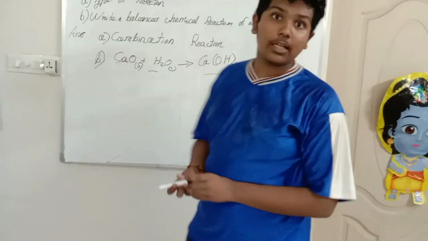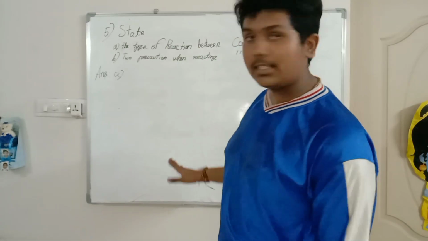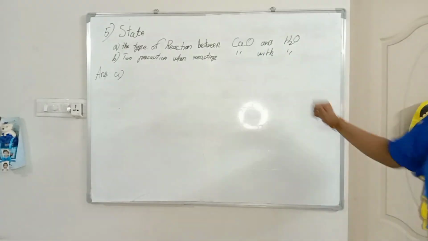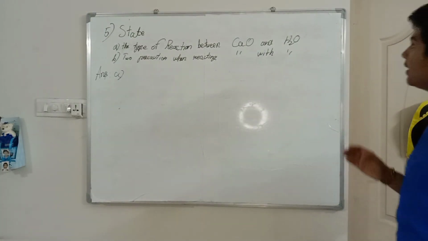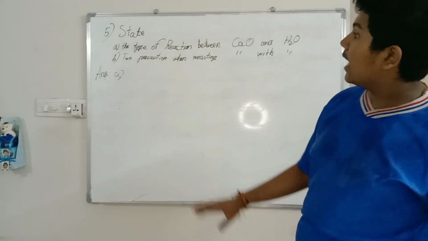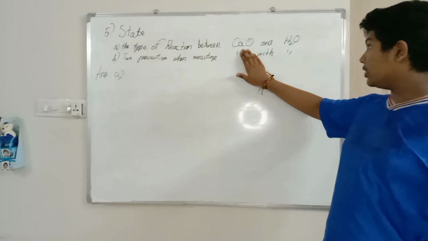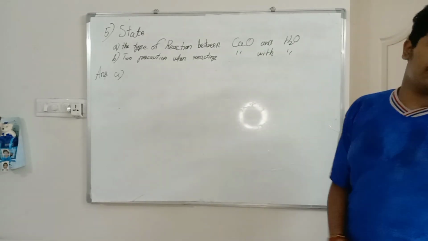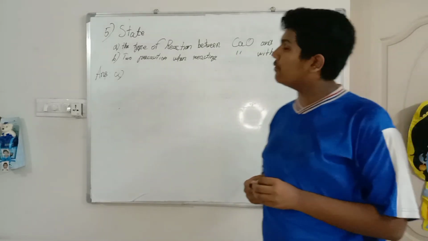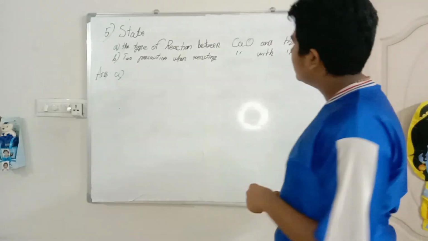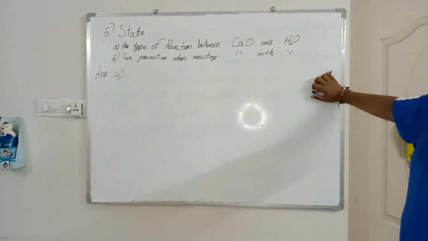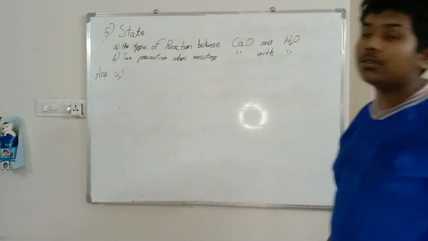Okay, so now let's start with the fifth question. State the type of reaction between calcium oxide and water, and two precautions when reacting calcium oxide with water. So the type of reaction between these two is what? Let's do the equation.